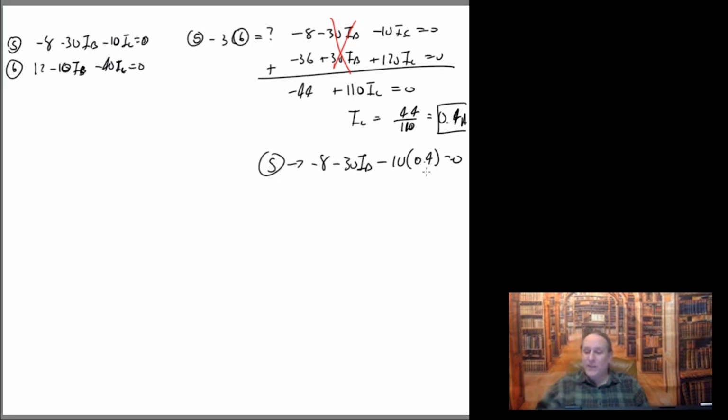That's a -8 minus a 4. I get -30 IB equals 12. And IB equals 12 over -30, which is -0.4.